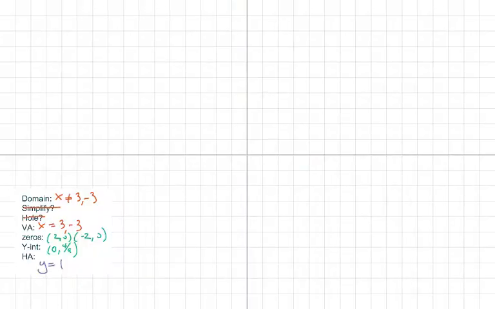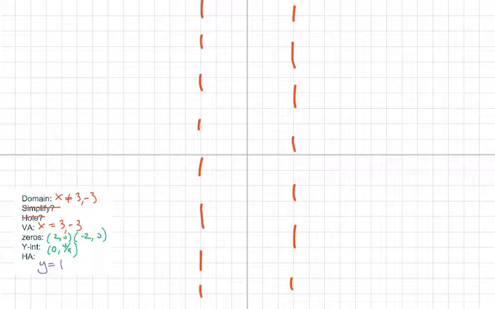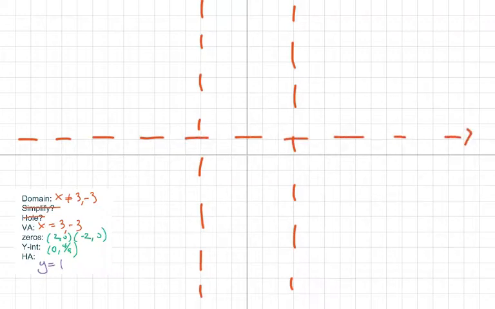And again, I like to start with the asymptotes. So my vertical asymptotes are at 3 and at negative 3. So lucky us, we have one of the hard ones with 2 vertical asymptotes. Our horizontal asymptote is at y equals 1. Okay.